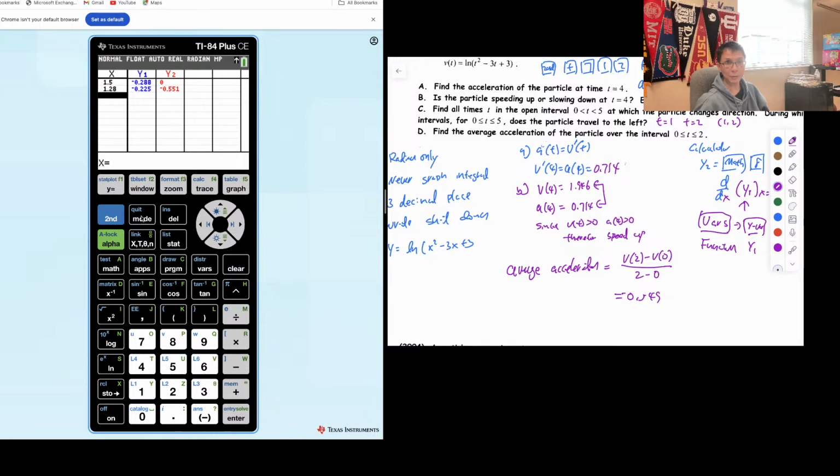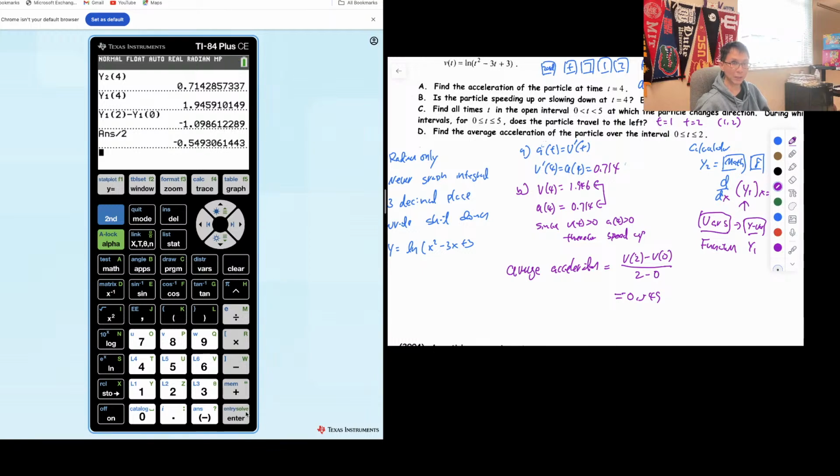In terms of the calculator, you can do roughly the same. You can do second mode, vars, function y1 of 2 minus y1 of 0, and then divided by 2.